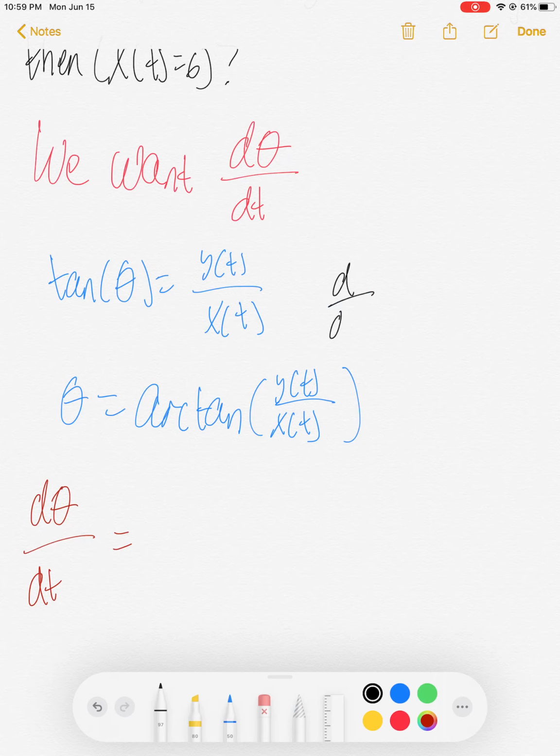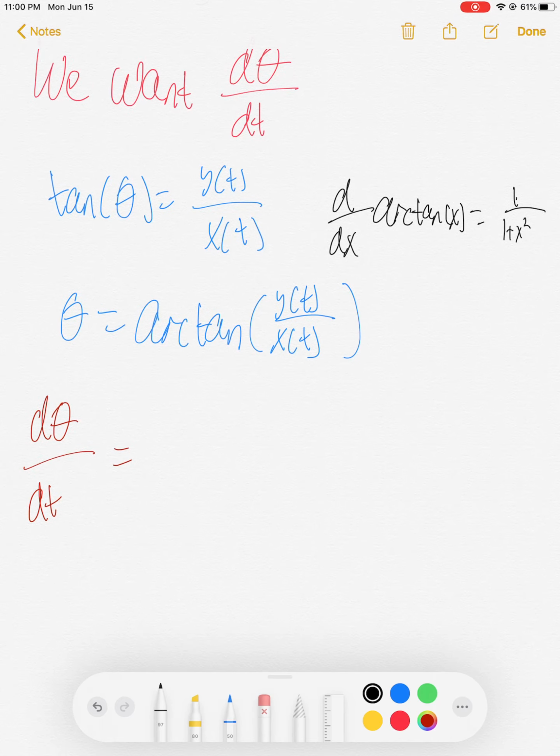Okay, so we need to take the derivative of this with respect to t. So d theta dt equals, okay, this one on the right is going to be a bit tricky, but we're going to get through it together, okay?